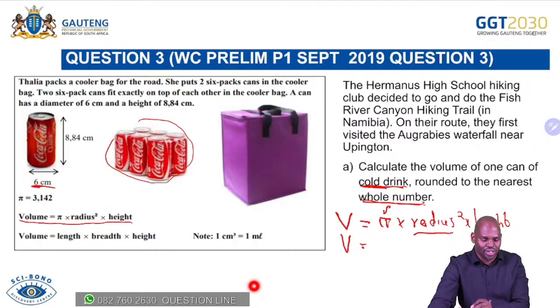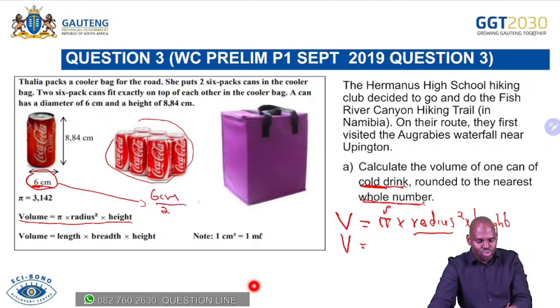But do we know what the radius is? If we look at the information, the radius is not given, but the diameter is. So we take this diameter, which is 6 centimeters, and divide it by 2. This will give us the radius, which is 3. Then let us look at the height.